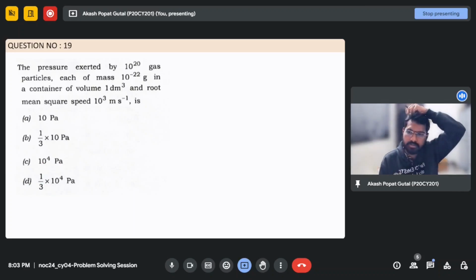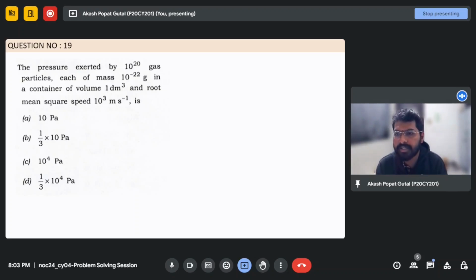Next question: the pressure exerted by 10 raised to 20 gas particles, each of mass 10 raised to minus 22 gram, in a container of volume 1 dm cube, with root mean square speed 10 raised to 3 meter per second, is. So you need to find out the pressure from this calculation.